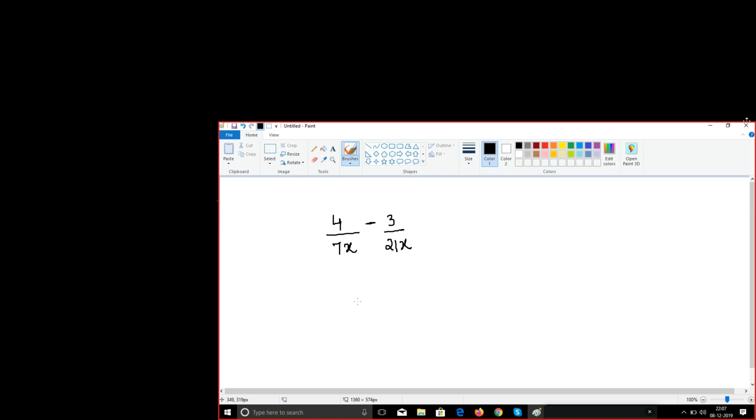But then you know how 7 can go into 21? You can do it by multiplying by 3. So you'll get 12 divided by 21x minus 3 divided by 21x. Now the numerators are the same, so it's 12 minus 3, 9. That's 9 over 21x. The answer should be in its simplest form, so if you cancel out the 3, you get 3 over 7x.